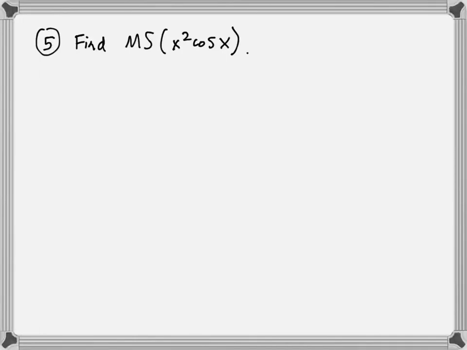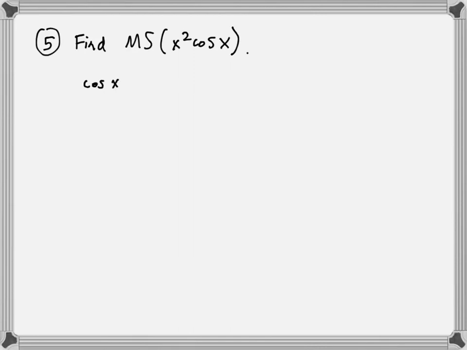Now, you can imagine that based on how hard cosine was to do, if we had done it from scratch, x squared cosine x would be a pretty tricky problem. However, let me show you a nice trick based on what I mentioned in the last part.